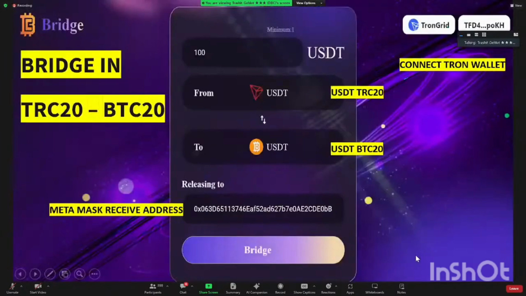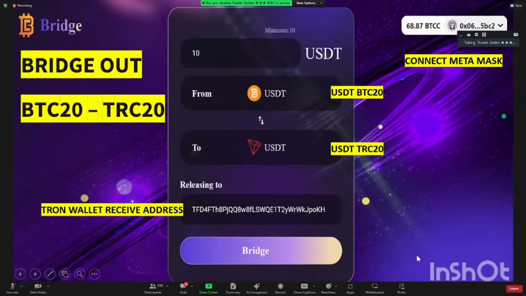As of now, the bridge out feature is not available. Please don't try to bridge out, or you will lose your funds. Chavez has clearly mentioned he needs time, and there is lots of work to be done on the BTC20 mining dApp and the bridge out feature. As of now, we are not recommending it. Only use the bridge in feature.